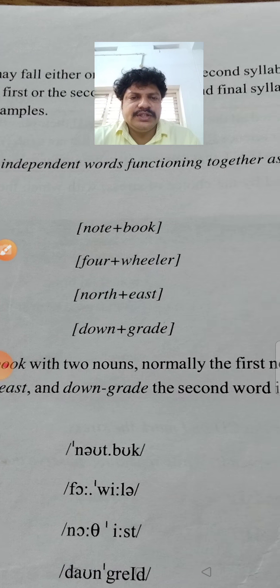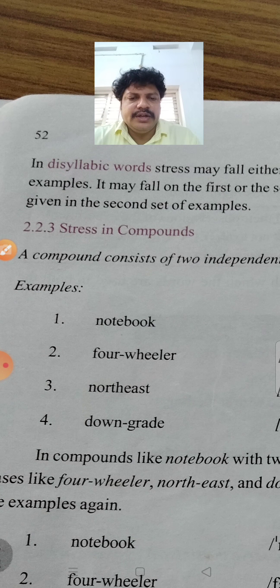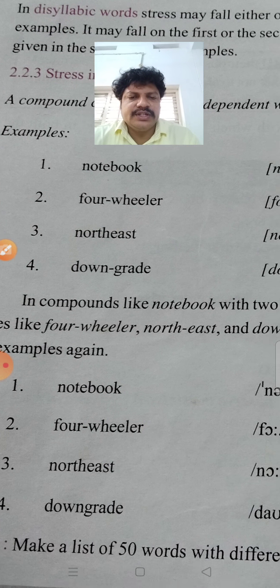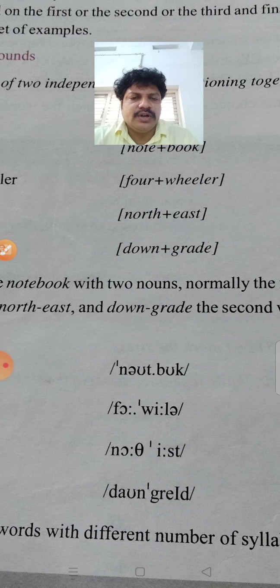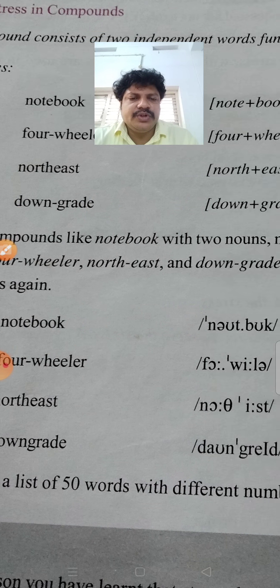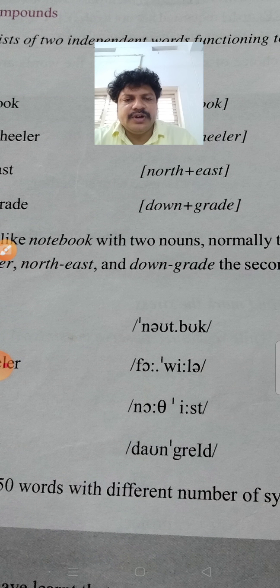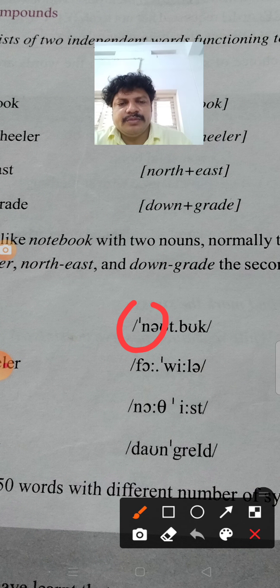Suppose the first thing is notebook, four-wheeler, northeast, downgrade. These are compounds, and in compounds two nouns are there. So here notebook is there, and the stress may fall either on the first syllable, the middle syllable, or the ending syllable.